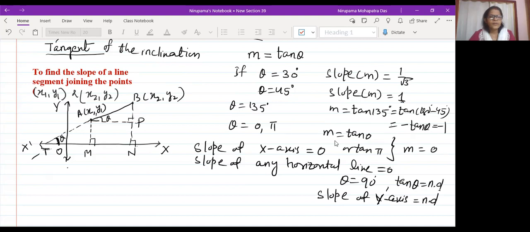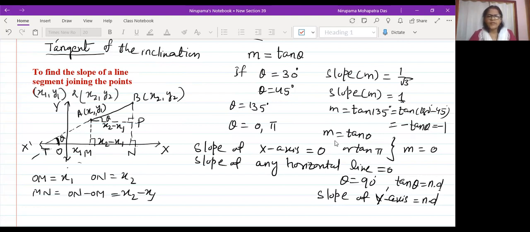Now OM equal to x1, the abscissa of A, and ON equal to x2. So MN equal to ON minus OM, that is x2 minus x1. And APNM is a rectangle, so AP equal to x2 minus x1.